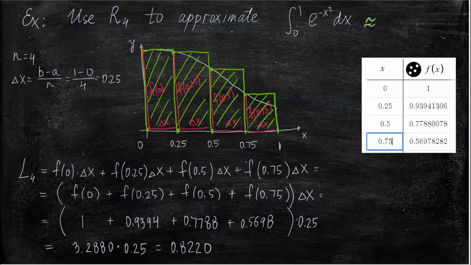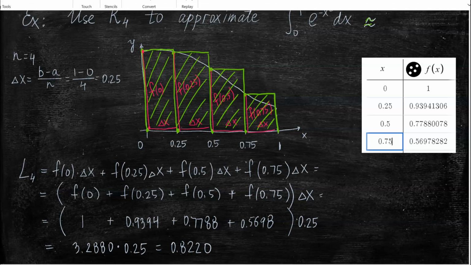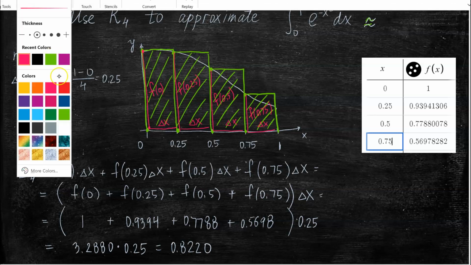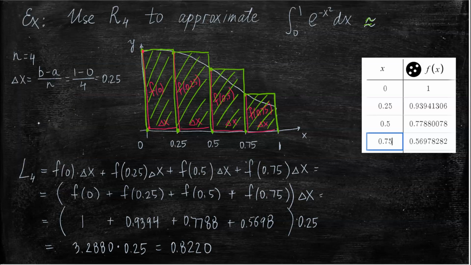And first, let's acknowledge that most of it will be exactly the same. We're still going to have 4 intervals, but right endpoint means we're going to be using the right endpoint of an interval to build a rectangle.